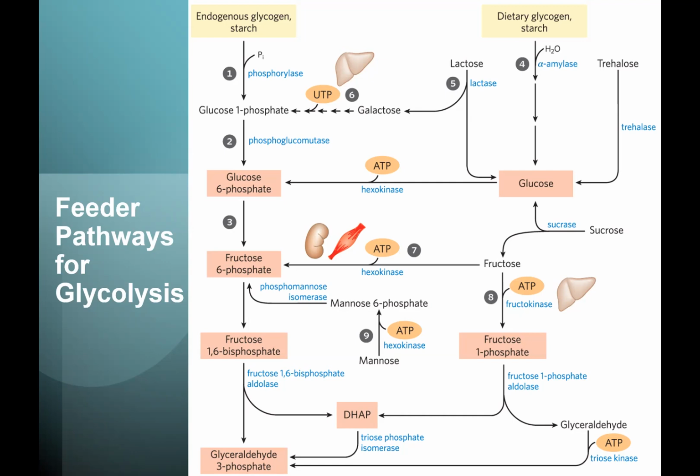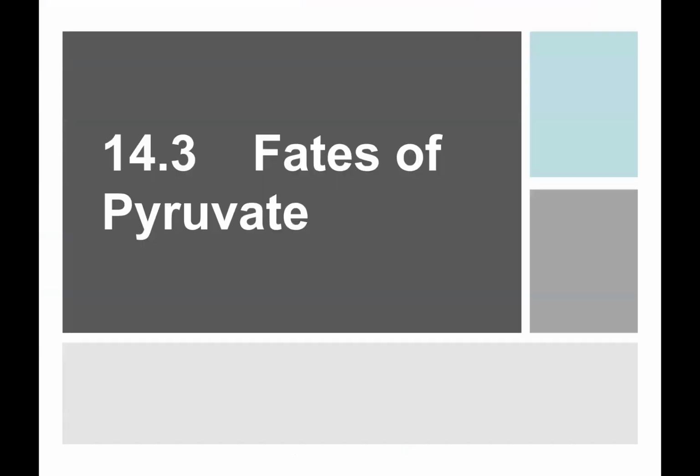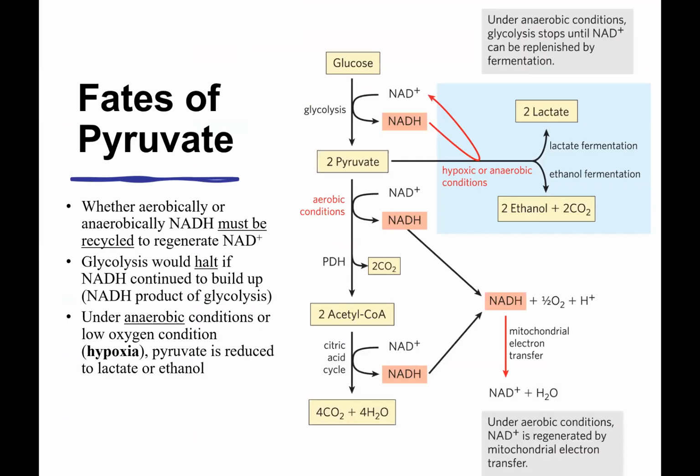So let's move on to pyruvate, which was the final product that we got from the glycolytic pathway. And we're going to see what can happen to it. And we're going to return to something we did discuss the last time, which is pyruvate under anaerobic conditions.